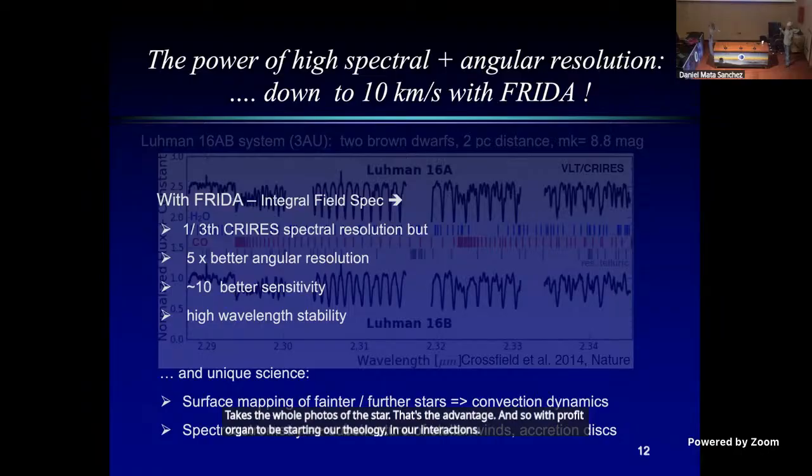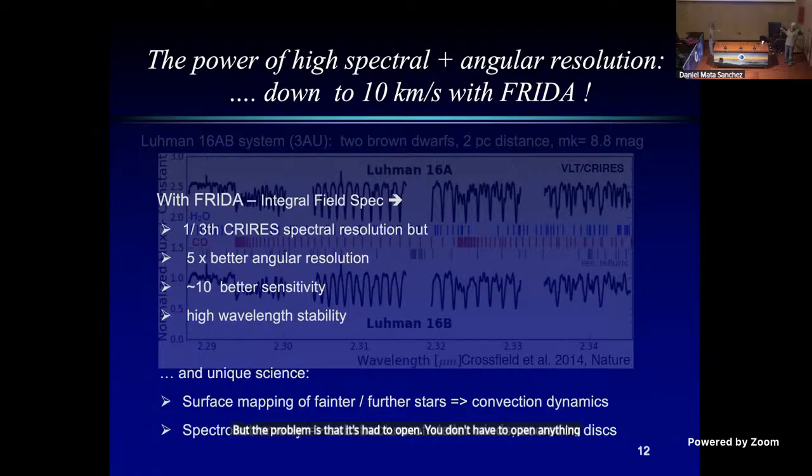And because we increase the angular resolution, of course, we have better sensitivity. In this case, it's a factor of 10, even though the difference in telescope size is not that big, between 8 meters and 10 meters. But the problem is that they have to open the slit to get photons. We don't have to open anything.